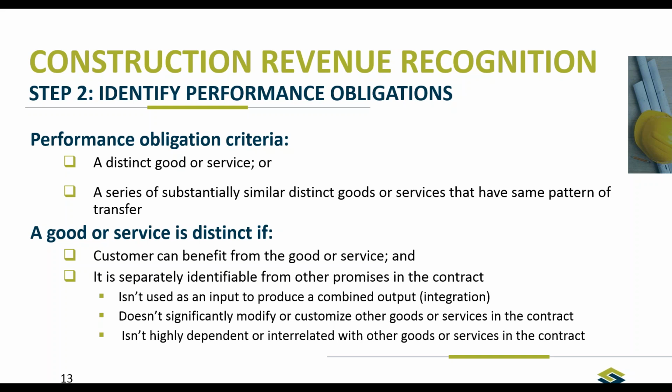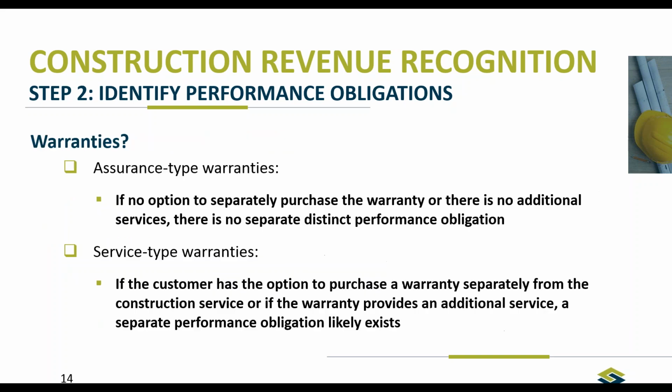One of the examples in the standard that we wanted to let you know about is warranties. Assurance type warranties are sort of the general warranty of the contractor, implicitly letting the customer know that after a couple of months we'll come back and fix it. That sounds like it would be within one performance obligation.